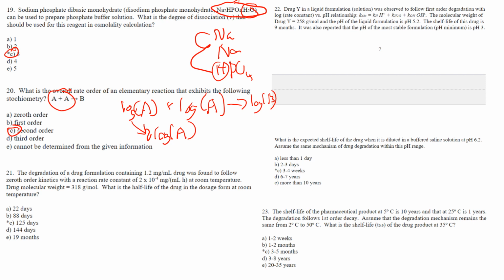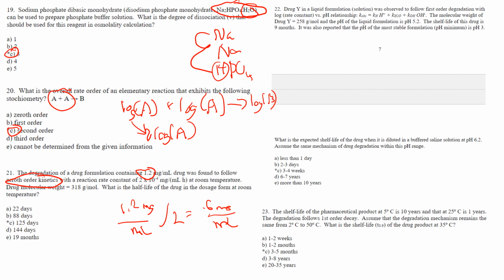So next one, not too bad. The important thing is to know how zero order kinetics work. Essentially, for the half-life of a zero order reaction, you take your starting concentration, 1.2 milligrams per milliliter, and divide by 2, because we want half. So now we have 0.6 milligrams per milliliter. If we wanted a third of this, we would divide by 3.